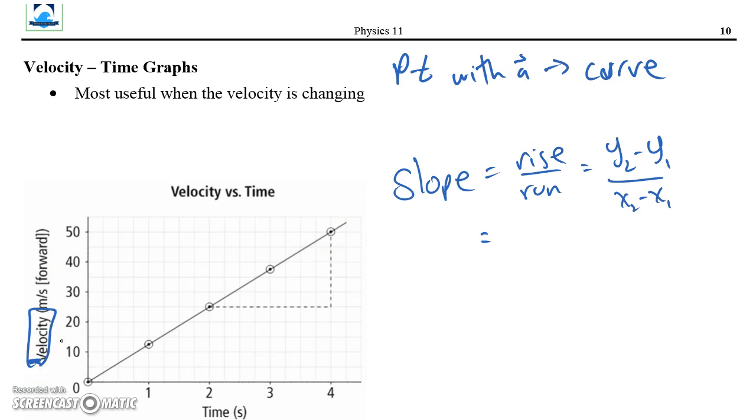So we've got velocity final minus velocity initial, so our change in velocity. That's starting to look familiar here. Now let's look at what our x's would be. So x's is time. Time final minus time initial. Well, that sounds awful familiar, like time interval. That's our slope. Slope of velocity time graph is change in velocity over change in time, which we just said in the last lesson was acceleration.